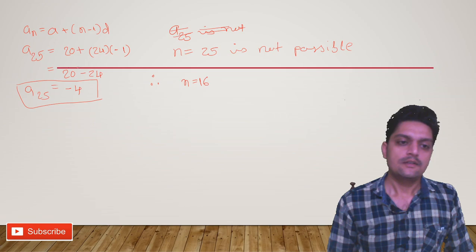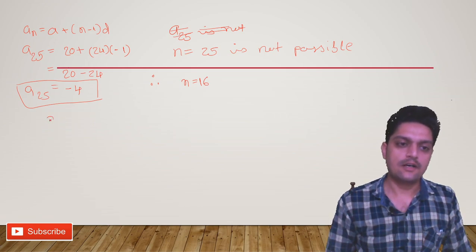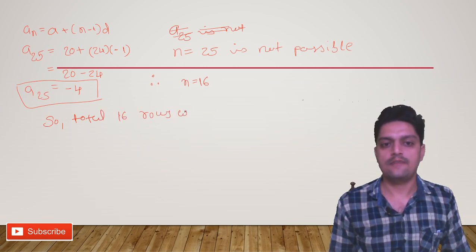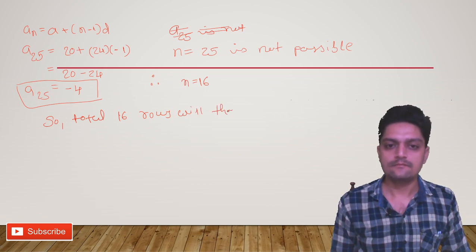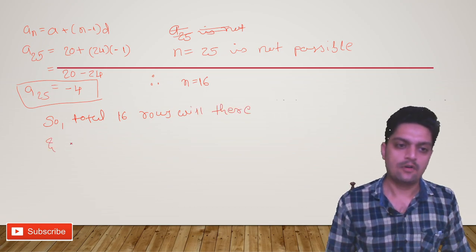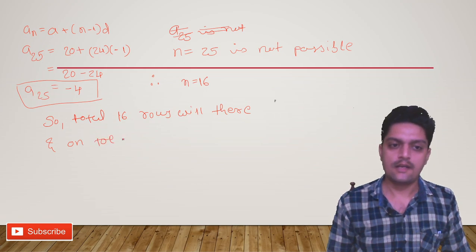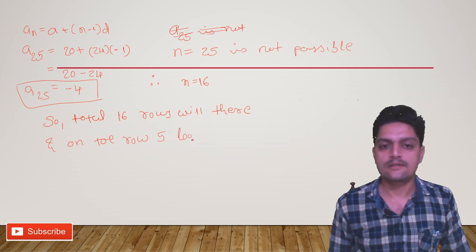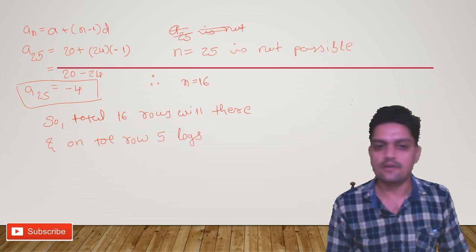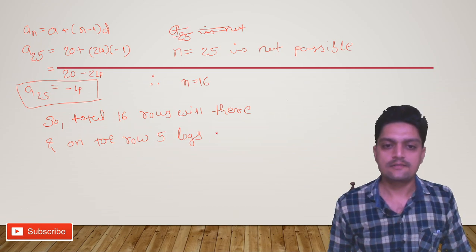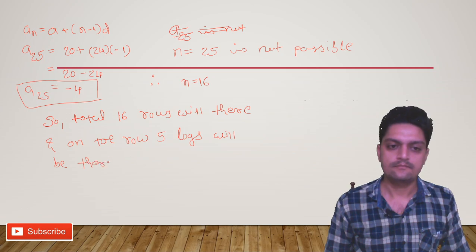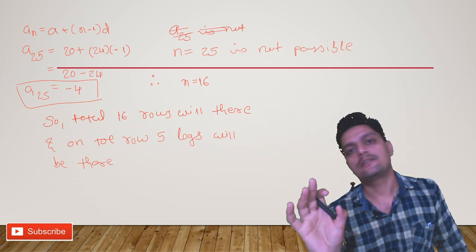So you have to write here: total 16 rows will be there, and on the top row, how many? 5 logs, because in the last slide I have shown you 5 logs will be there. Okay, done. So this was the answer.